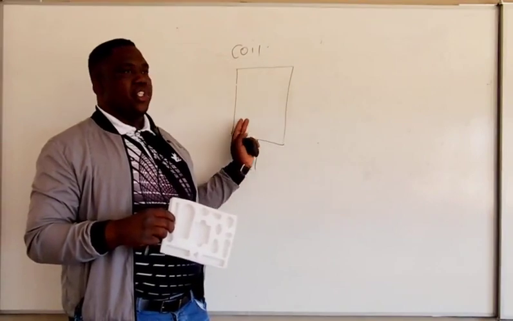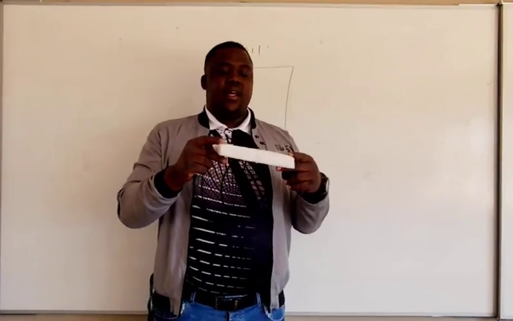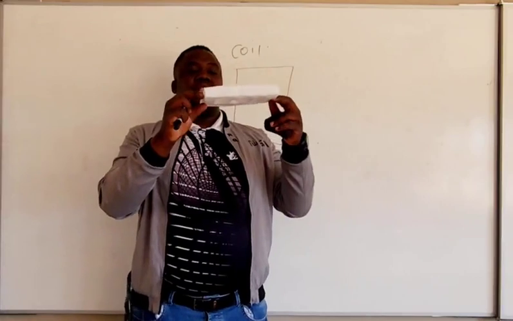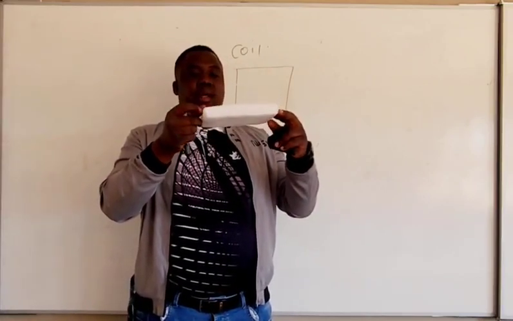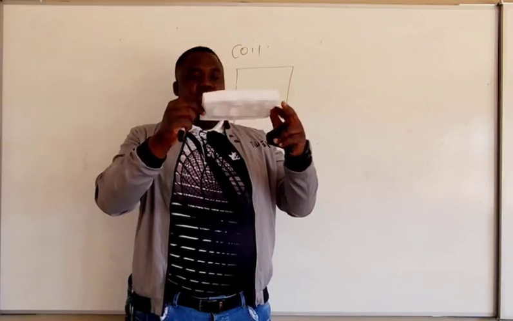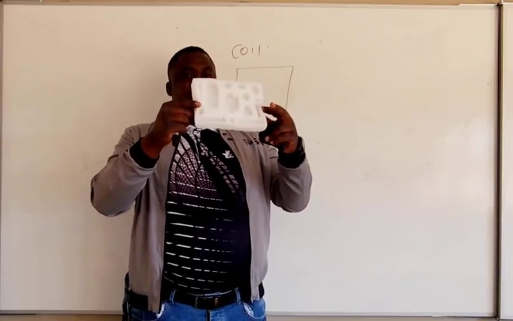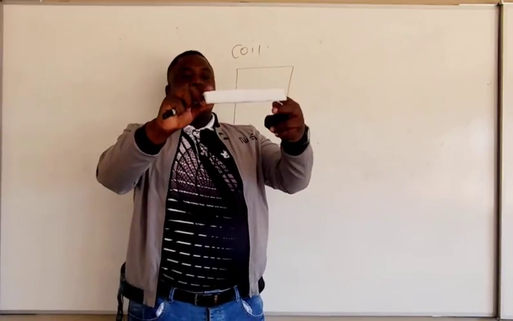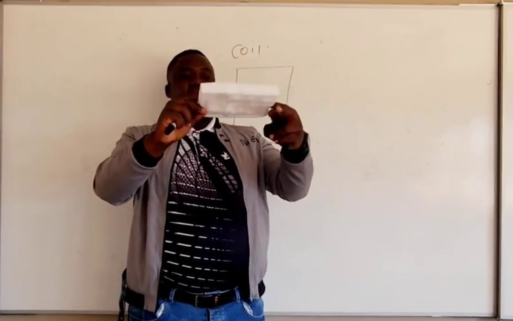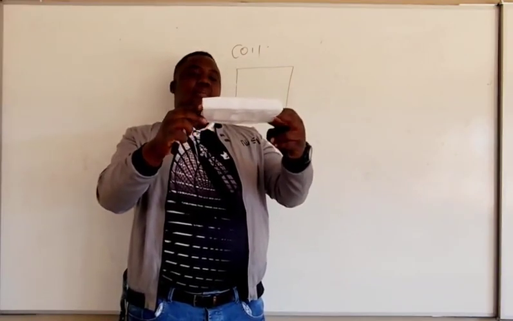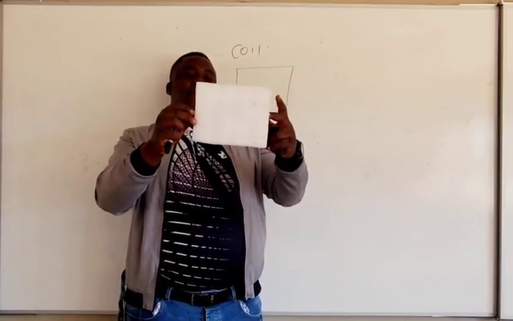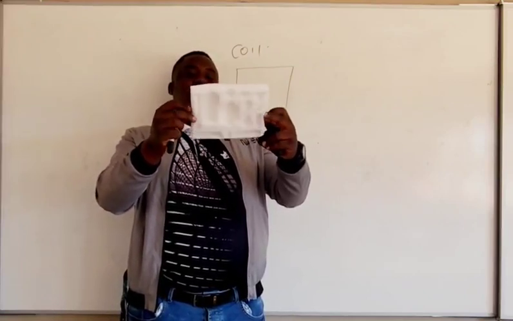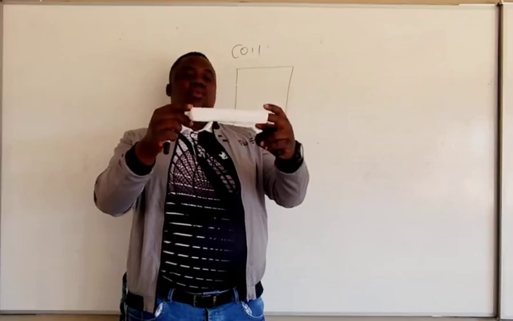It's changing position. At a particular time it is like this, it turns, it becomes like this, like that, like this. I can say it becomes parallel, perpendicular, parallel, perpendicular, parallel, perpendicular.